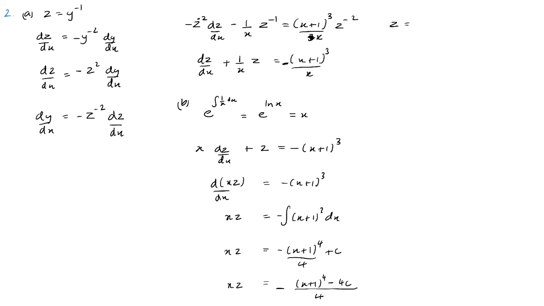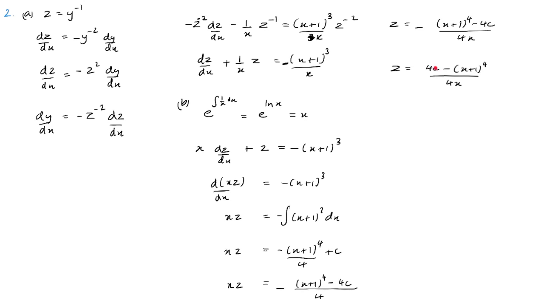So z equals minus, now we've got x plus 1 to the power 4 minus 4c over 4x.